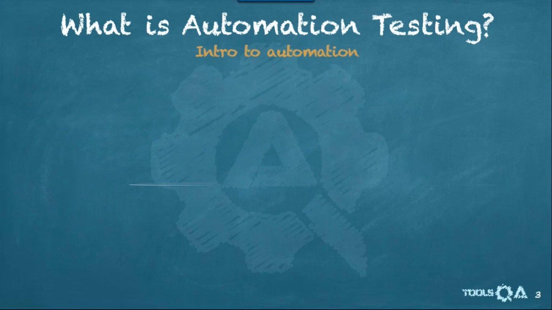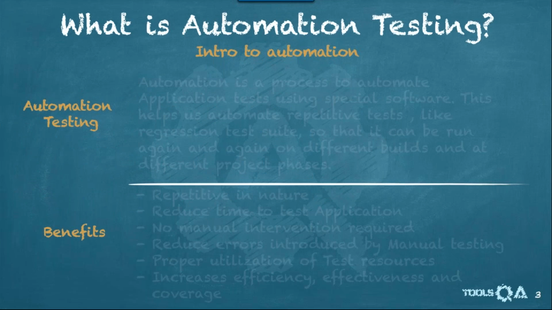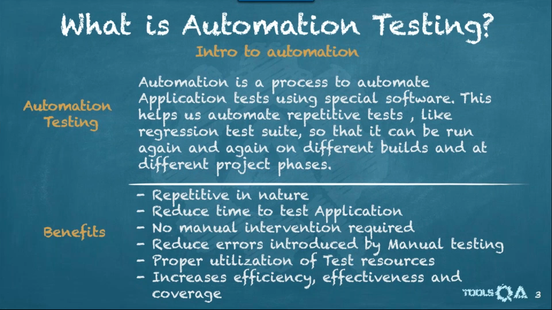Next slide talks about what is automation testing. As we all know, automation is a process to automate application tests using special software. So for all those who are manual testers right now, whatever you are doing manually, you can actually write some code for those steps and let the program run tests for you.